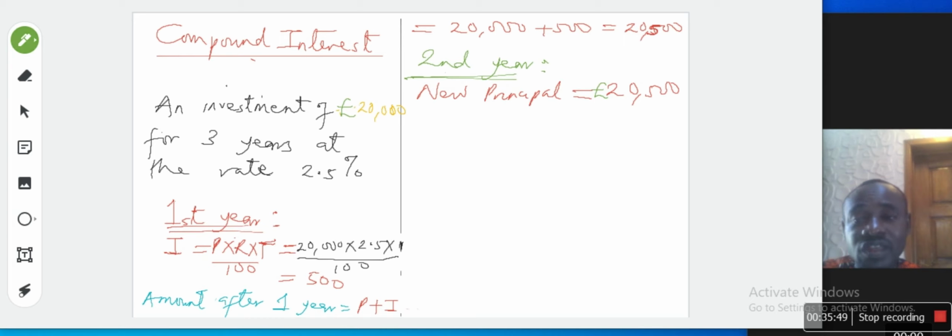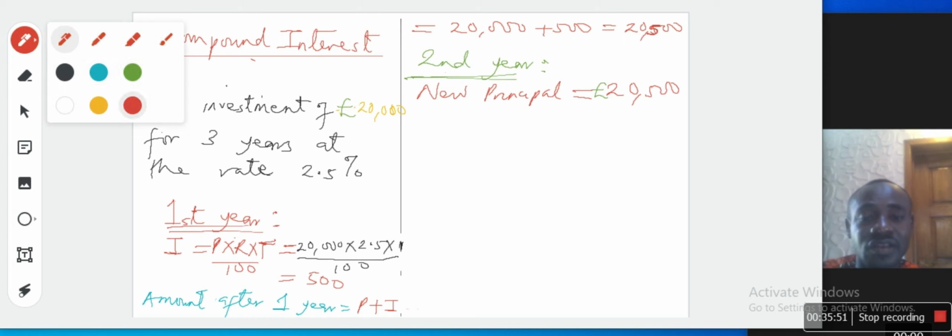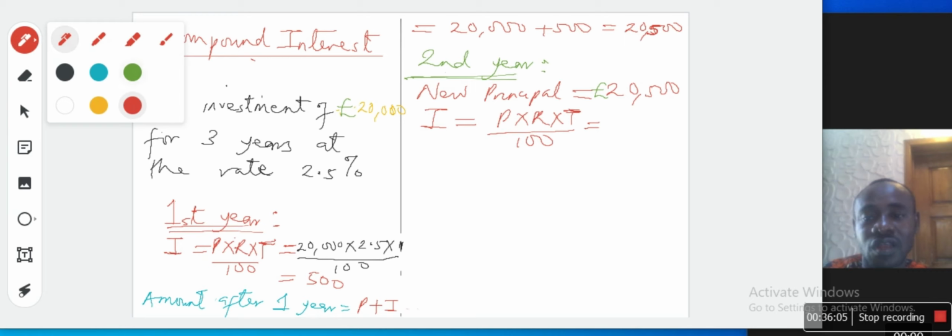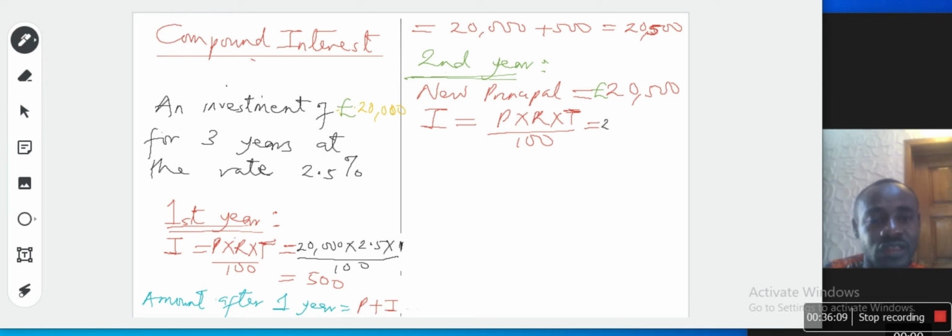So what will be the interest? Let's calculate the interest again. Interest will be principal times rate times time over 100, which is 20,500 times that times that. Let me get the answer with the calculator.